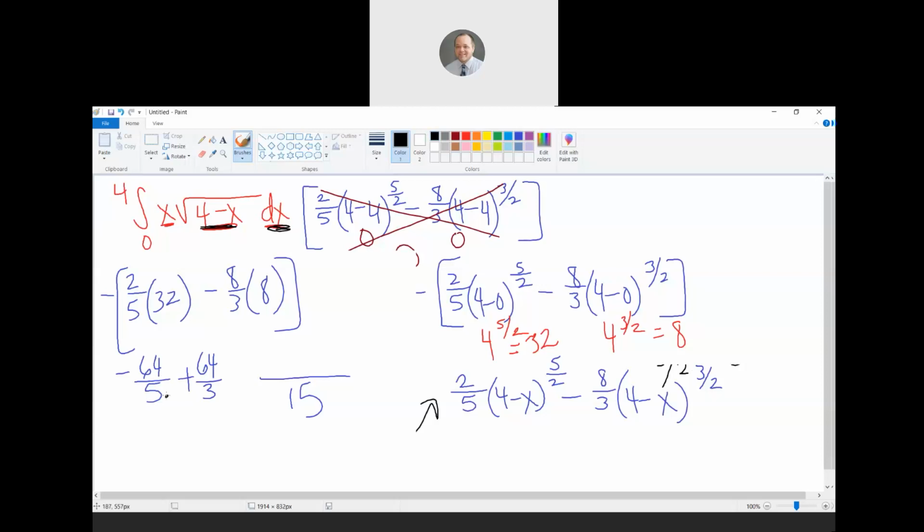5 can go into 15 3 times. And 3 times negative 64 is negative 192. Second fraction, 3 can go into 15 5 times.